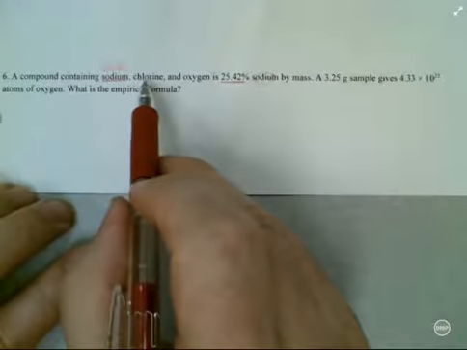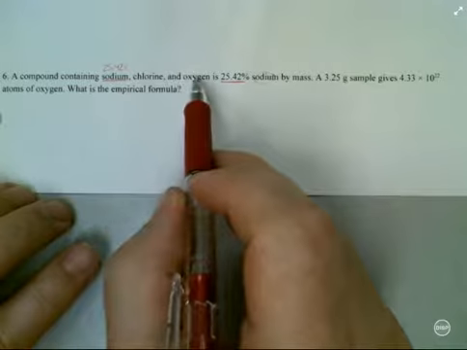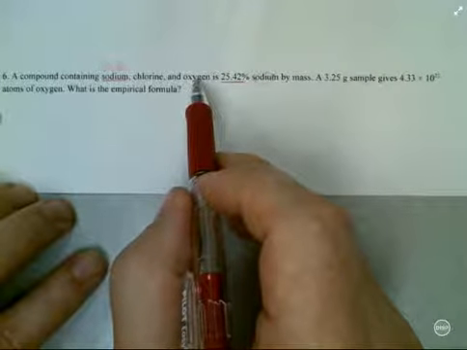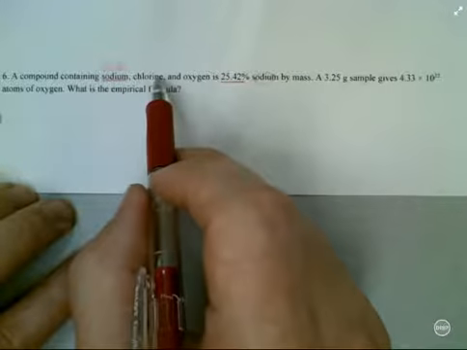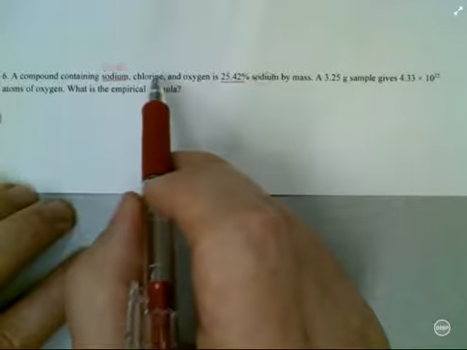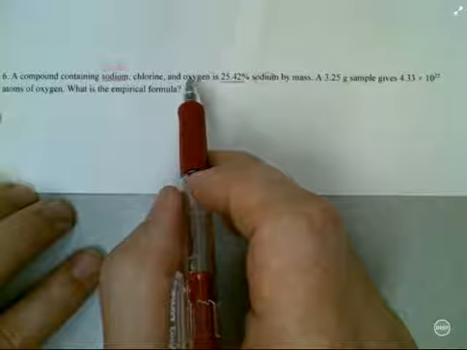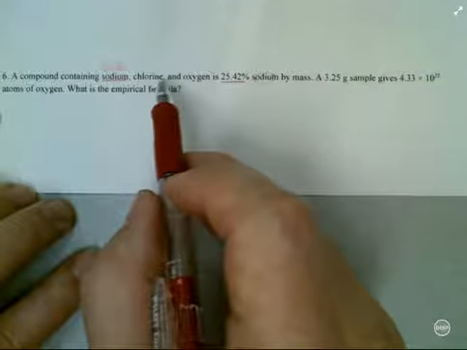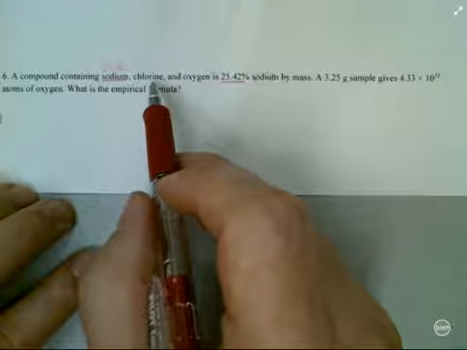We do not know what chlorine's percent is, nor do we know oxygen's percentage. But realize that because all 3 of these percentages have to add up to 100, we only need one or the other. So if we can determine the percent of one of these 2, we can figure out the other.